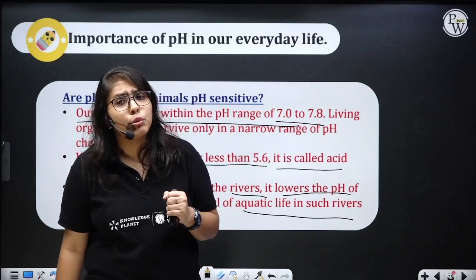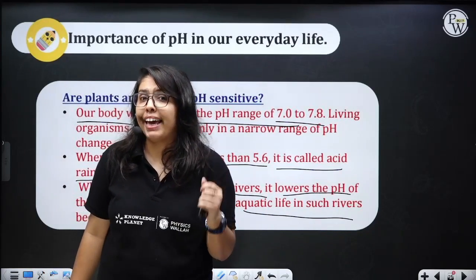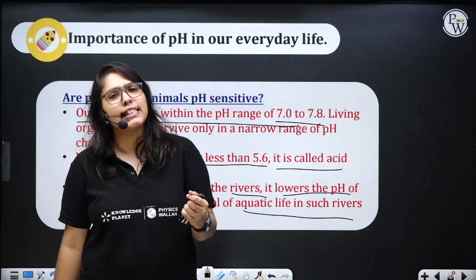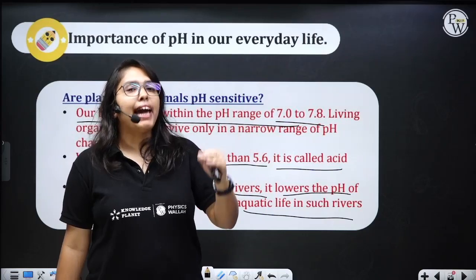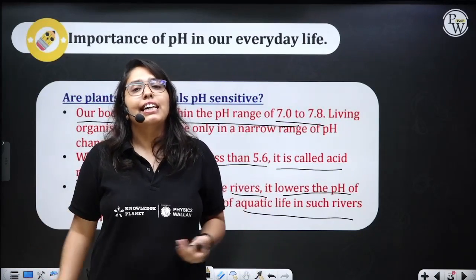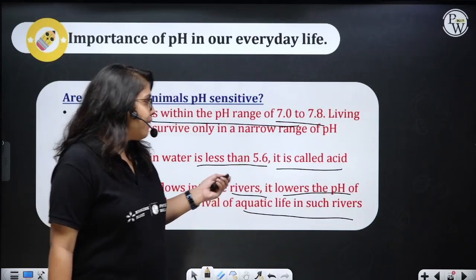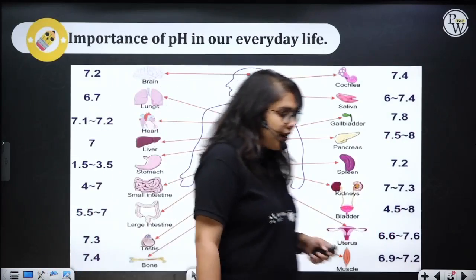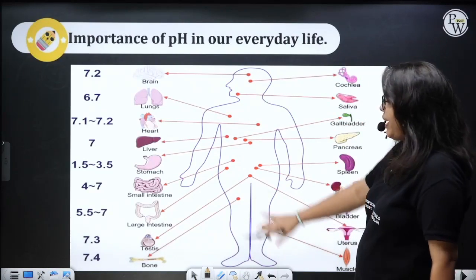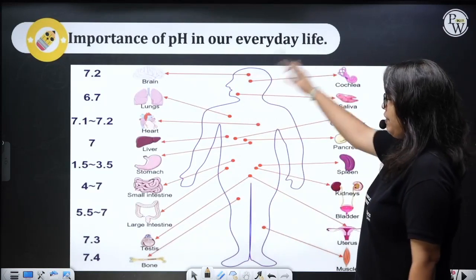How can we do that? By adding a base. Because it has turned acidic, only if we add a base, what will happen? Its pH will increase, right? That is why, here are the various pH ranges in which the various organs of our body function.